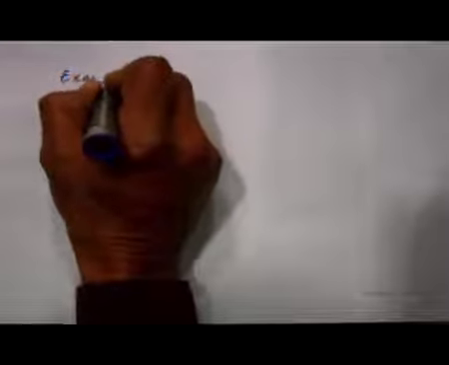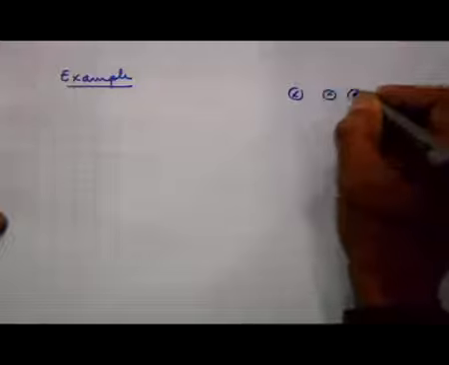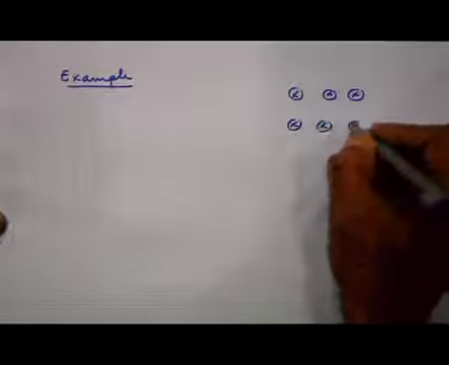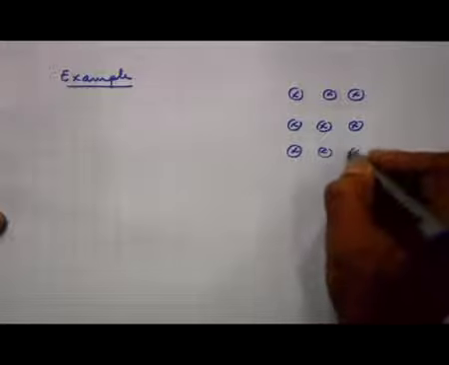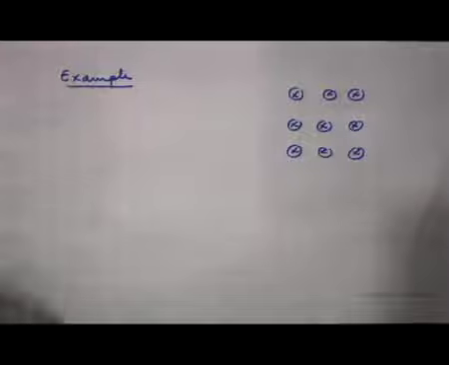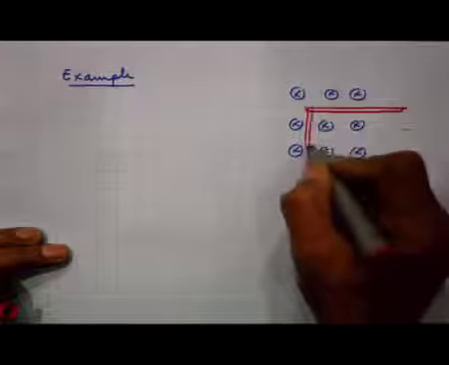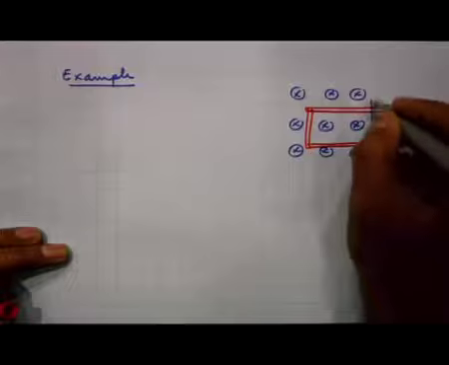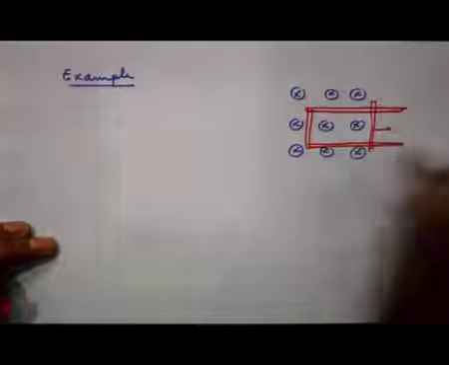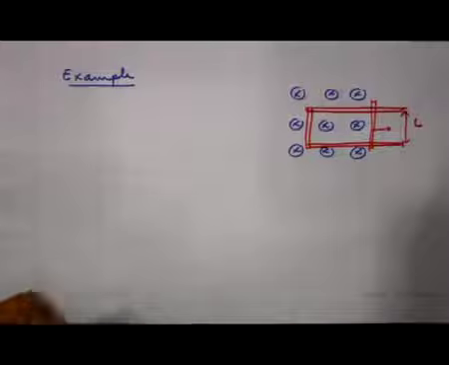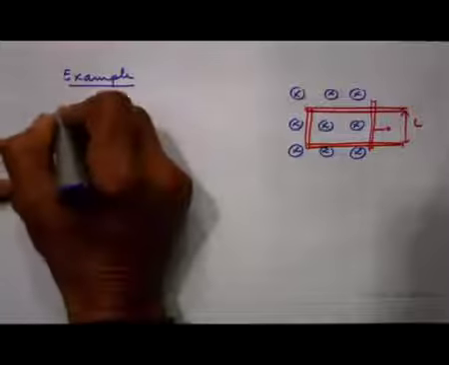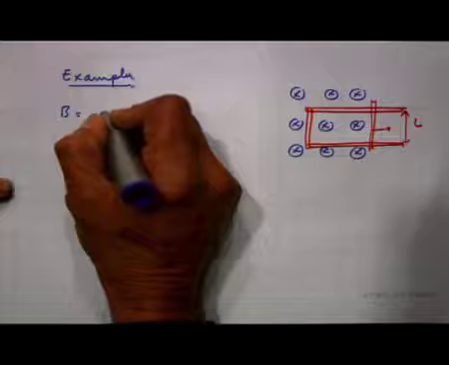So, let me look at an example. Let me assume the uniform magnetic field again pointing down. These are my conducting rods, and this distance is L. As an example, let me take a magnetic field B of 0.5 Tesla.